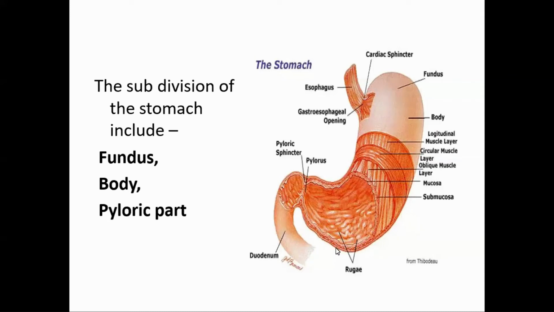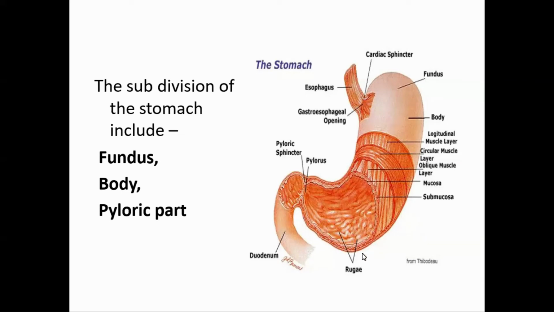There are depressions on either side, so two imaginary lines are drawn. Opposite the incisura angularis is the dilated part, and the dilated part has a depression; in that depression you draw a line.